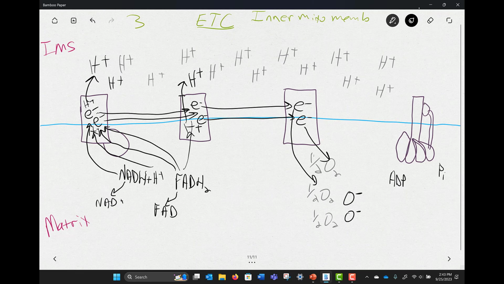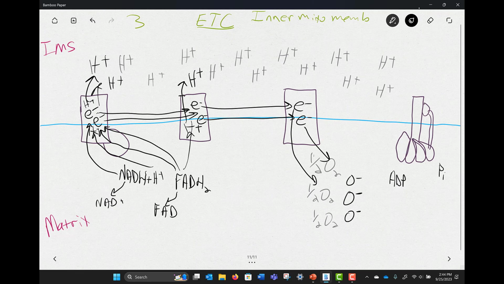And when they have negative charges, what are they going to be attracted to? Positive charges. All of these H pluses up at the top, think what do we have going on? One, we have a chemical gradient. They want to come through because there's a lot of protons up top, not a lot of protons down at the bottom. There is also an electrical gradient. The H pluses want to come inward. They can't.